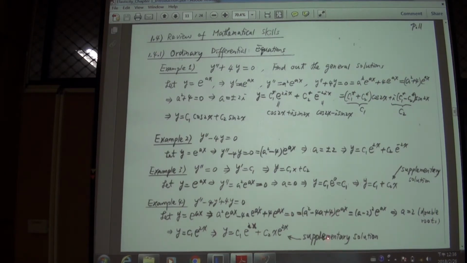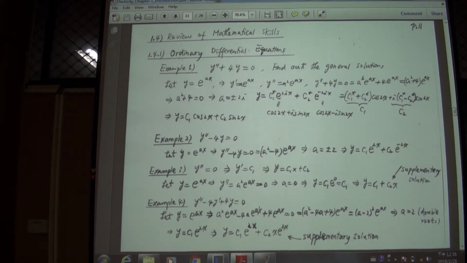The exponential does not equal 0, so this factor equals 0. Grouping the terms, we find this equals a minus 2 in brackets squared. So this must equal 0, and we get a equals 2.